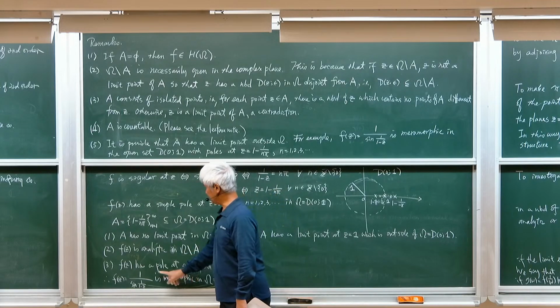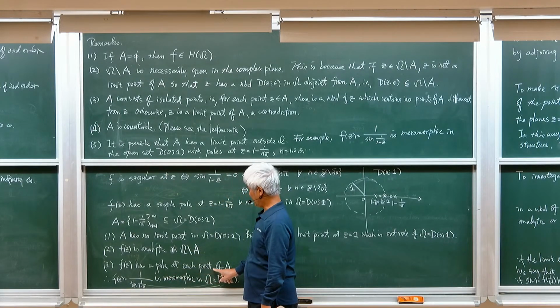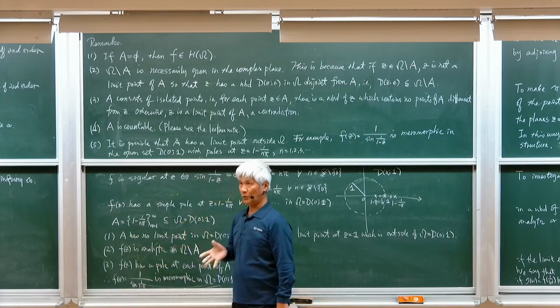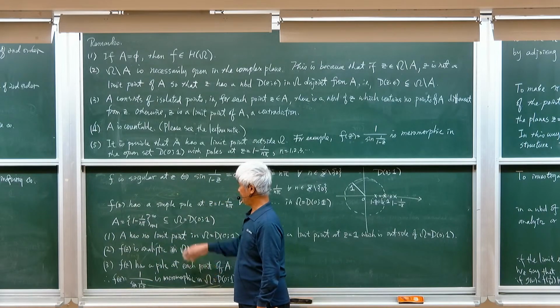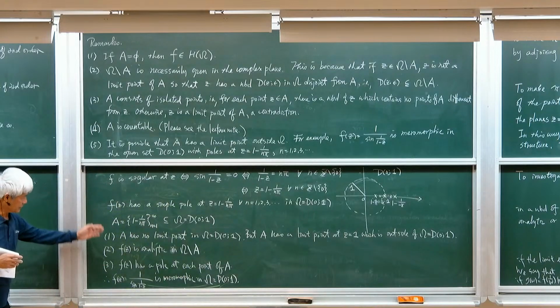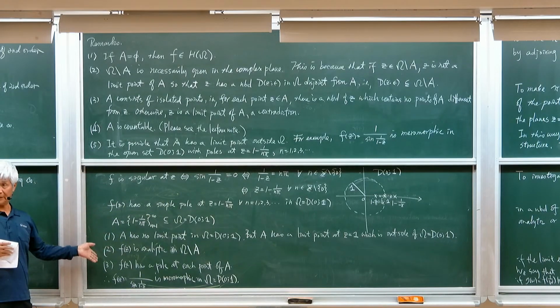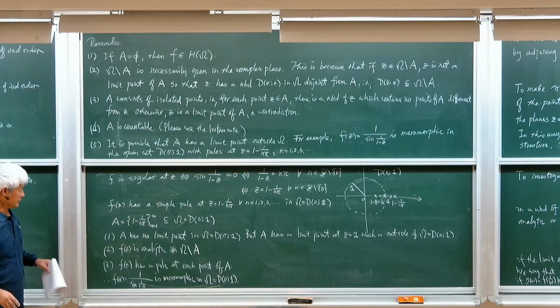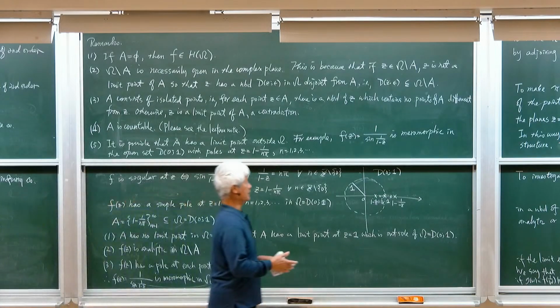And every singular point in A should be a pole of finite order. So you should justify that these three conditions are satisfied. In that case, this function is called meromorphic in an open set omega.